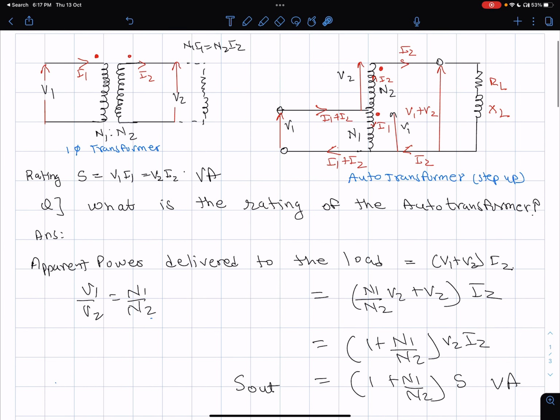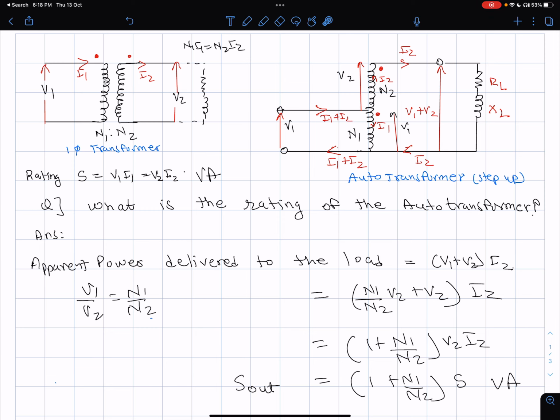Why has this happened? This has happened because in a normal single phase transformer, the power transfers from primary to secondary only through the mutual coupling, which is the magnetic field coupling. But in the autotransformer, the power transferred from primary to secondary is not just through the magnetic coupling, but also because of the electrical coupling.